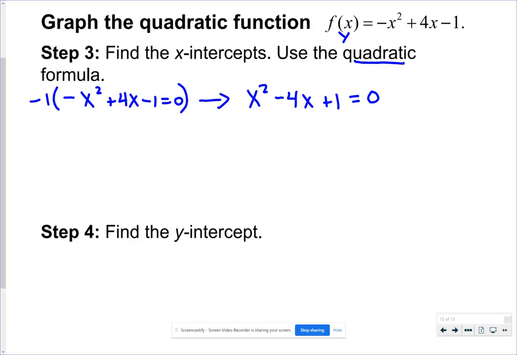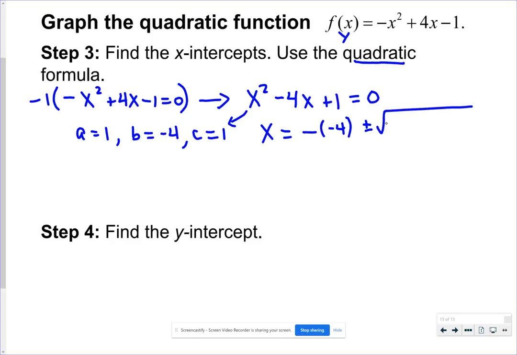So I have a leading coefficient that's positive, and it makes it so much easier for me. So I'm going to plug numbers into the quadratic formula. I have an a value of 1, a b value of negative 4, and a c value of 1. So for that equation, x equals negative b plus or minus the square root.